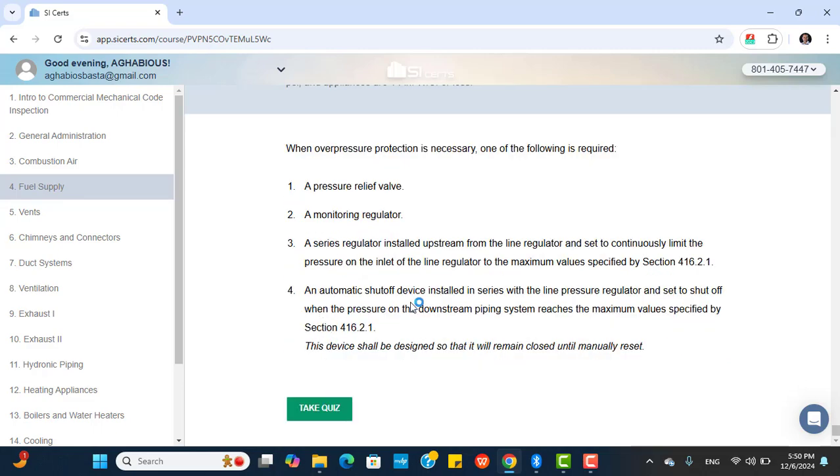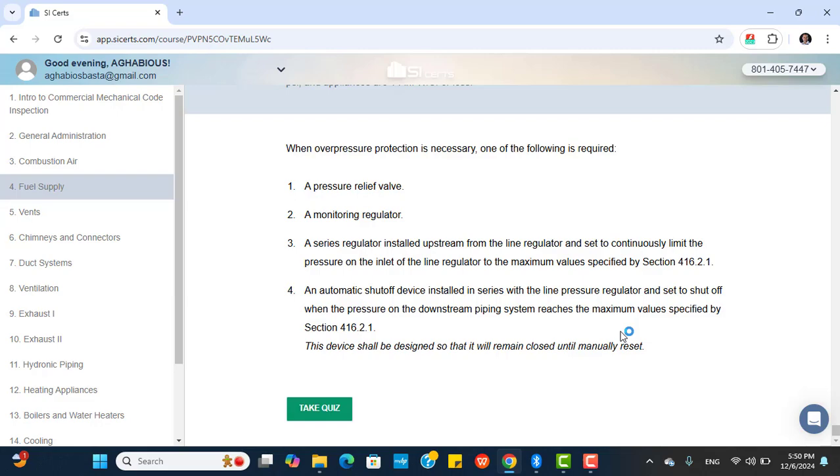An automatic shut-off device installed in series with the line pressure regulator and set to shut off when the pressure on the downstream piping system reaches the maximum value specified in Section 416.2.1. The device shall be designed so that it will remain closed until manually reset.